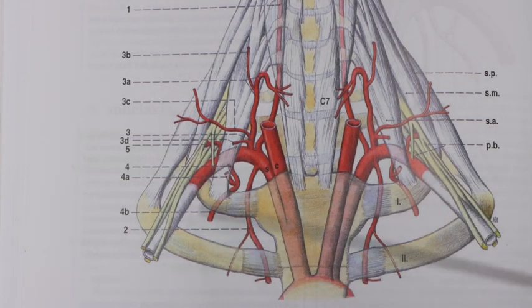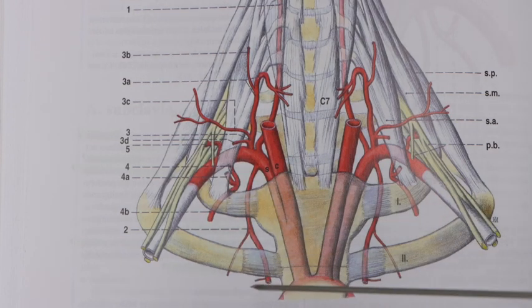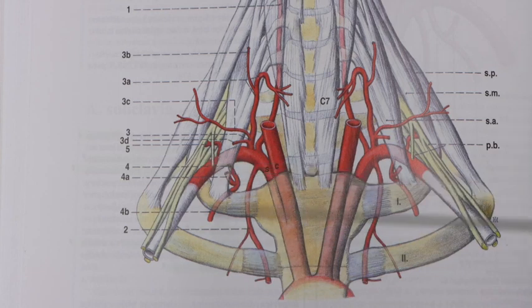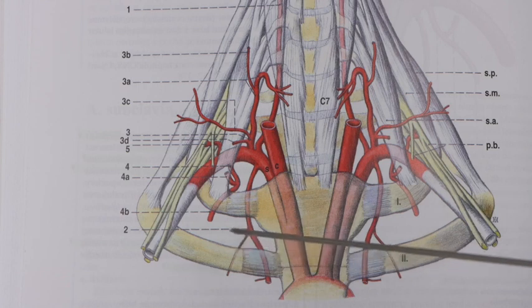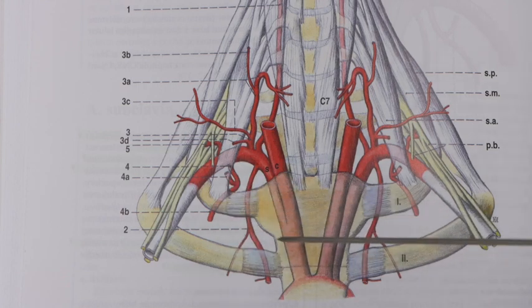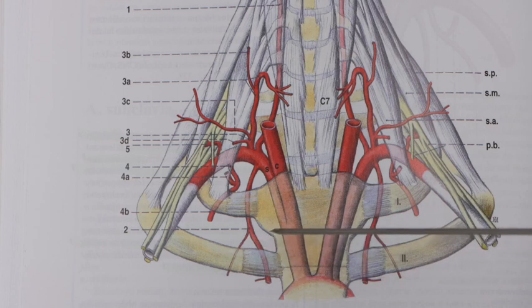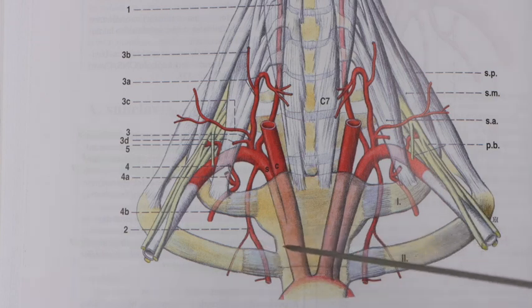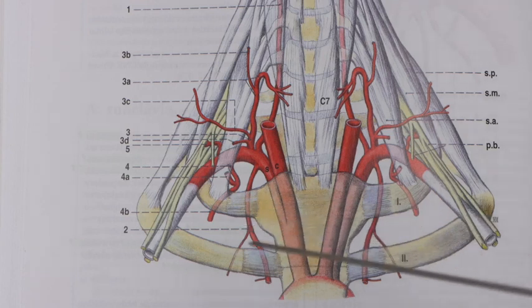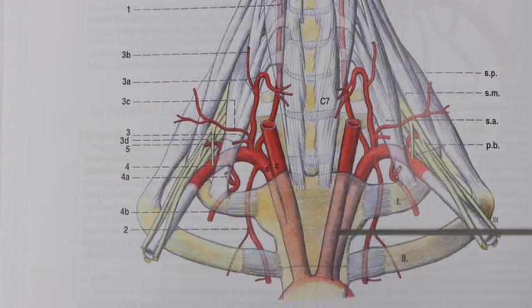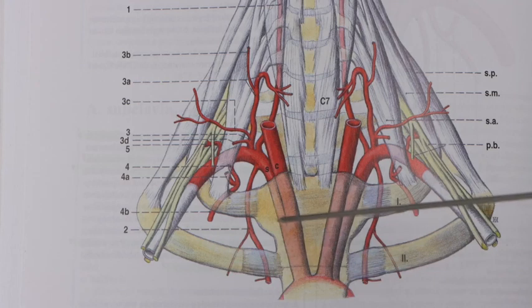Like the other posterior intercostal arteries arising from the thoracic aorta, it gives dorsal branches and spinal branches for the blood supply of the spinal cord, meninges, and the posterior skin and muscles of the back.